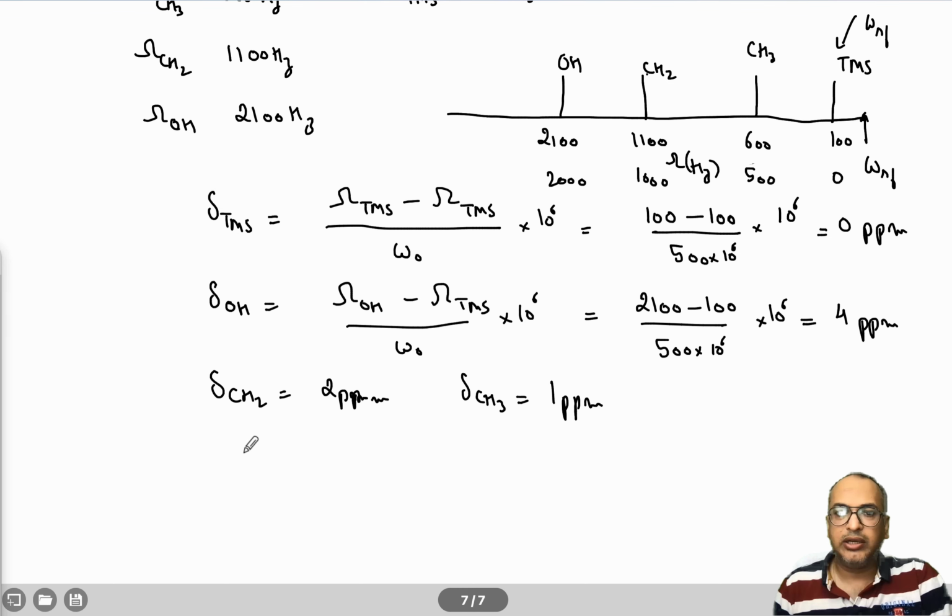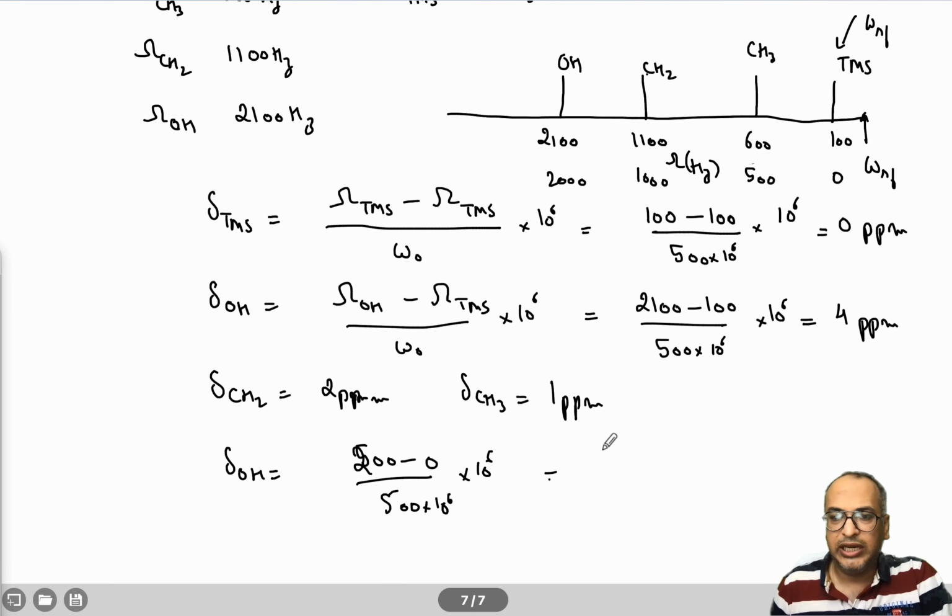Now if you calculate the delta values, what will happen to delta OH? Delta OH will be 2000 minus 0 divided by 500 into 10 to the power 6, 10 to the power 6. So this will still be 4 ppm.